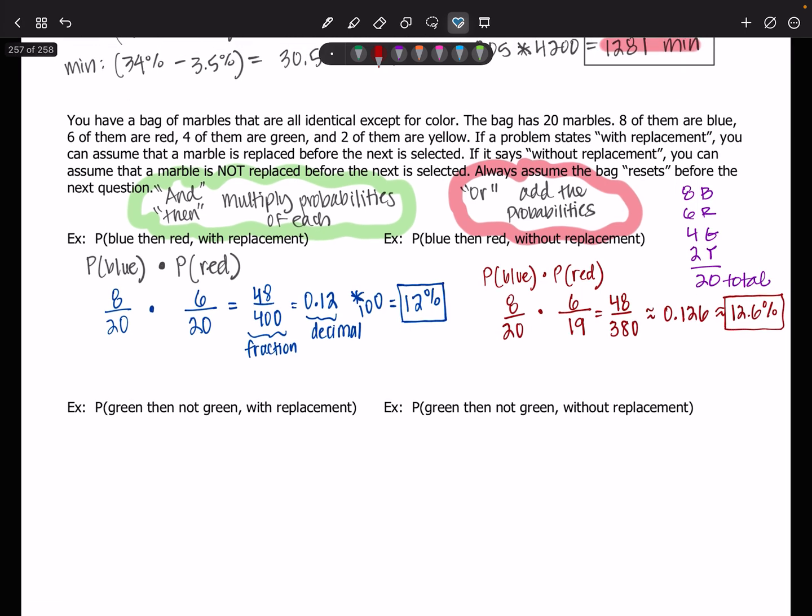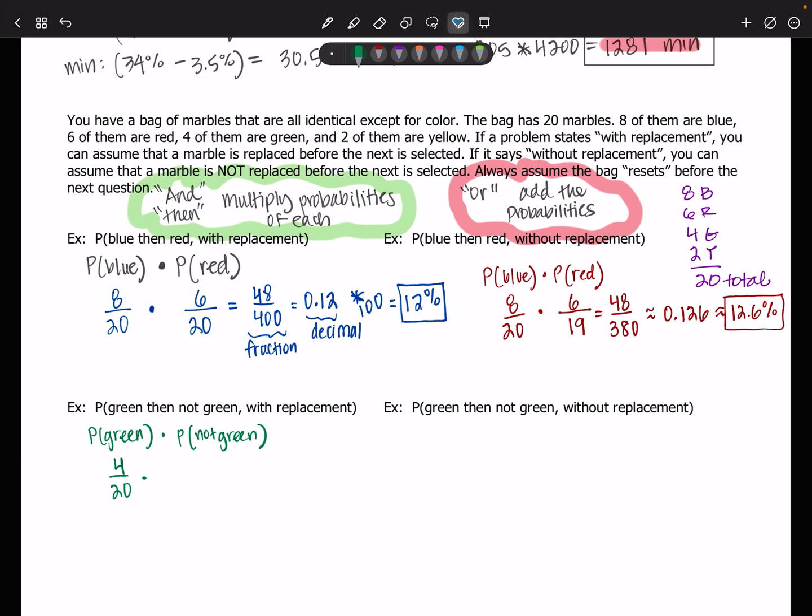Okay, let's try another. What's the probability of green and then not green with replacement? So the probability of green times the probability of not green. So green, there are 4 out of 20, which means there are 16 that are not green.